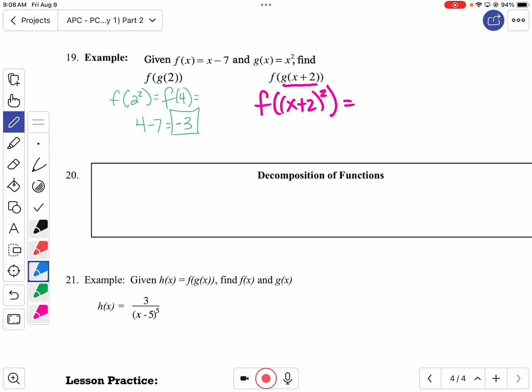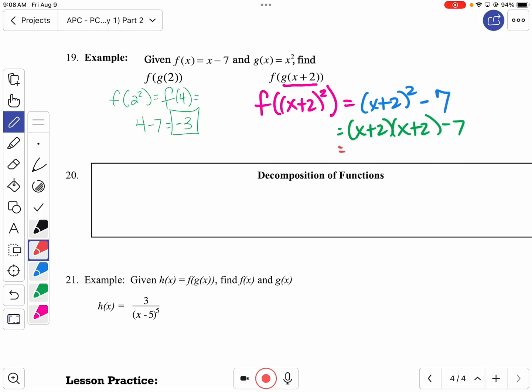All right, so x plus 2, and we're going to square it. Now I'm going to take that expression and everywhere in f that I have an x, I'm going to put that instead. So I have x plus 2 squared and then minus 7. If we multiply that out, that's x plus 2 times x plus 2, and then I'm going to subtract 7.